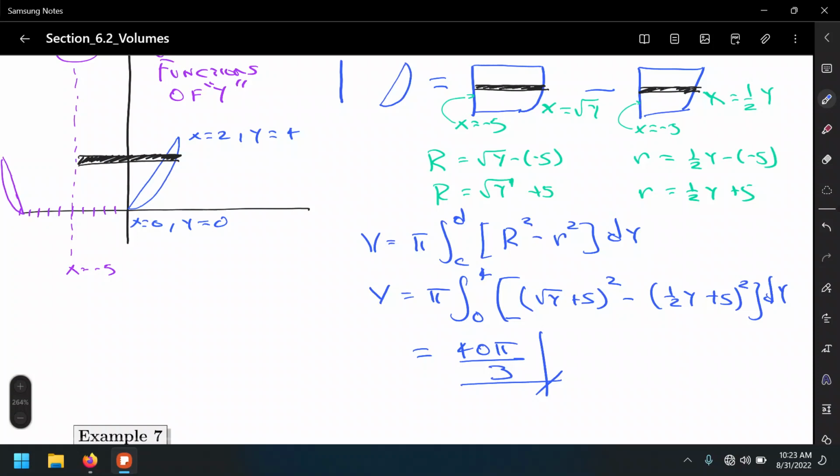Okay. Wait a minute. No, that's not the result. That's 16 pi. No, that's the other one. 16 pi. Yes.